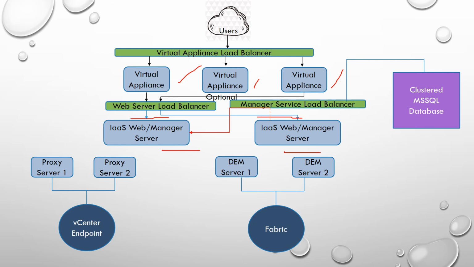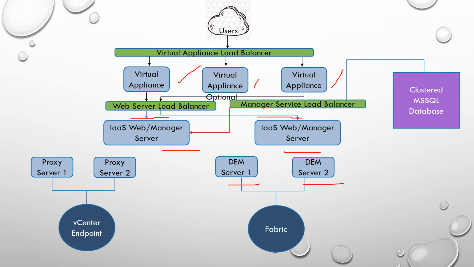Other than that, we are going to have one or more DEM servers, which are going to host multiple instances of DEM workers at a given time. Since each DEM worker can support execution of 30 concurrent workflows, the number of DEM workers will be decided based on the workload that you have.